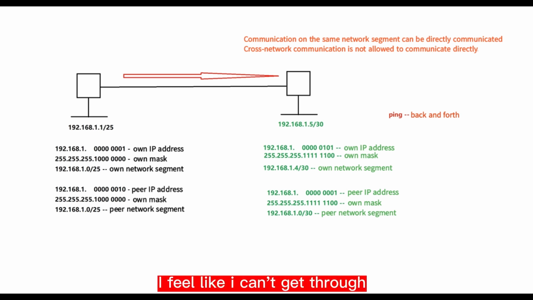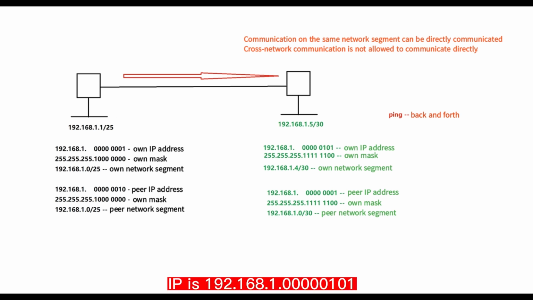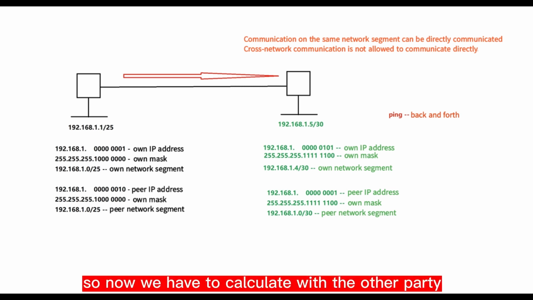I feel like this may be hard to follow, because you may feel that the mask I wrote is too long. The IP is 192.168.1.00000101. Now it's time to start calculating your network segment: 192.168.1.4, 30-bit mask. So now we have to calculate with the other party.